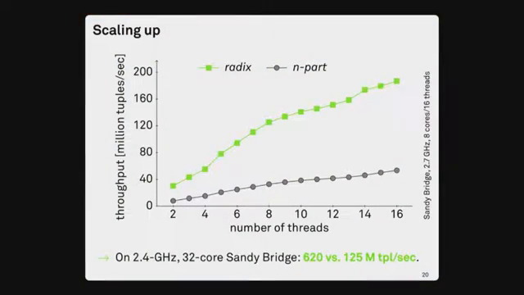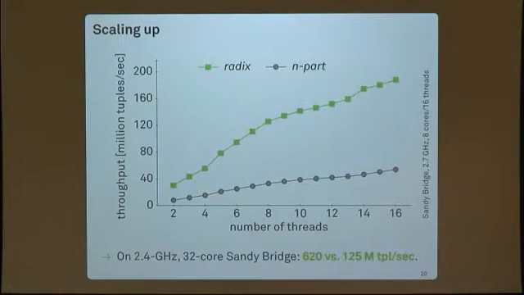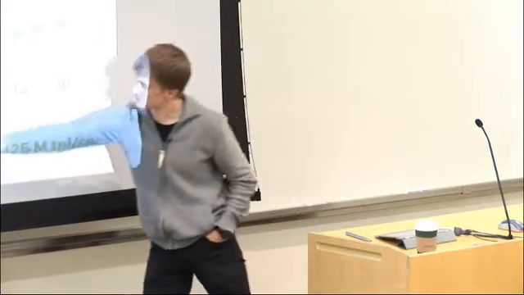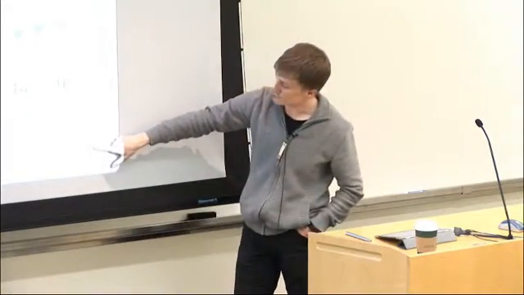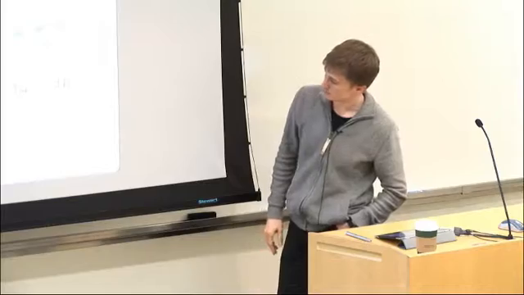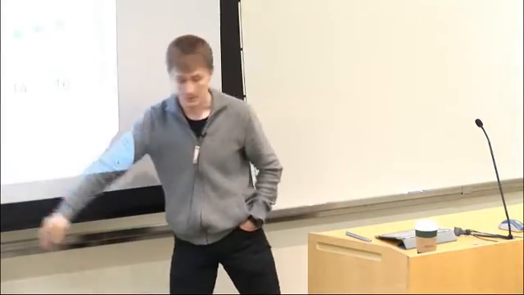The hardware-conscious implementation also scales very, very nicely. This is a Sandy Bridge machine with 8 cores on one socket, and if you start scaling that up on a 4-socket machine, you can reach join throughputs of about 600 million tuples per second.